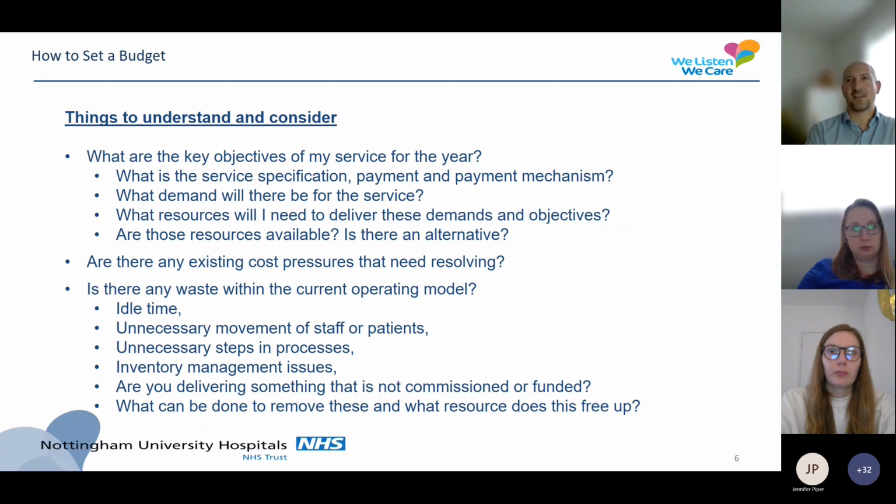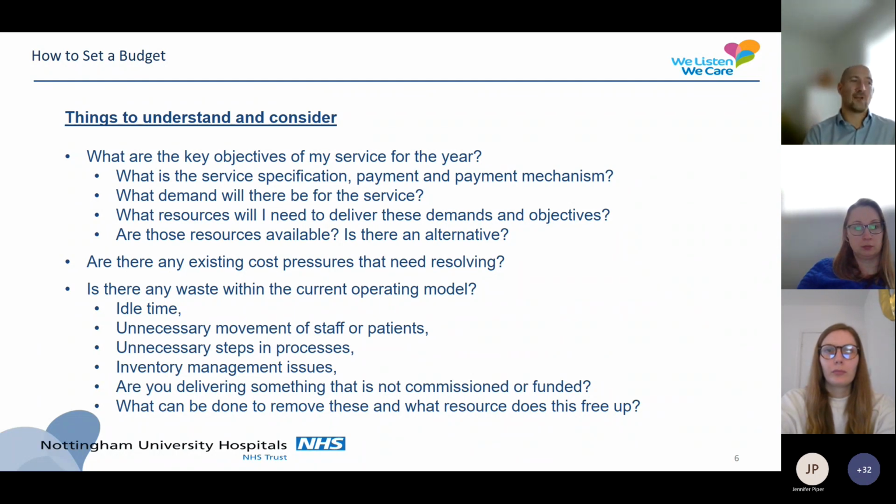One of the things that I looked at in a previous trust was putting in an electronic ordering system, or it was more utilising it, so switching off the ability to process paper-based requests, in order that you could then, for certain tests, if they were ordered within a certain time period, just bat them back and say, no, there's no benefit to getting another test processed within such a short time space. So it's those types of things to think about.